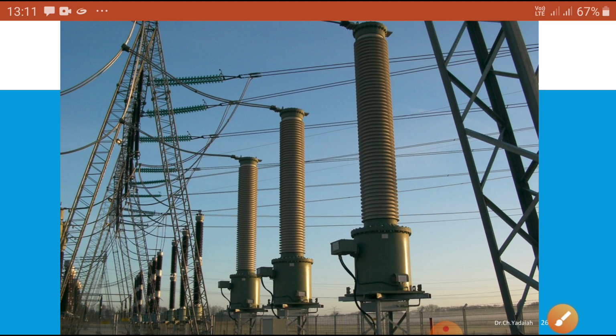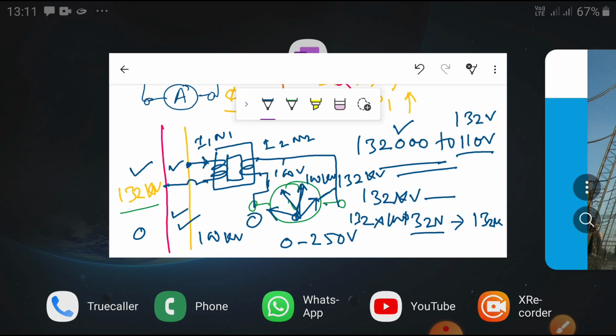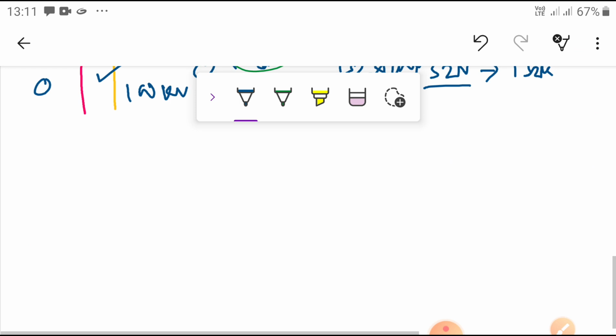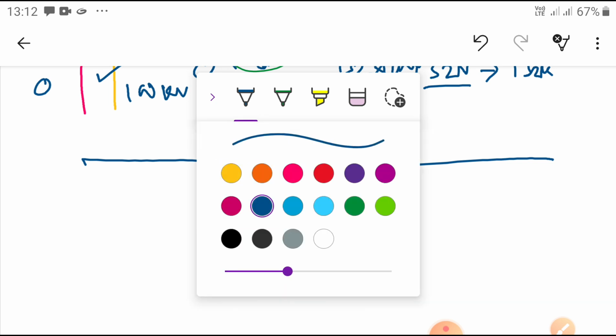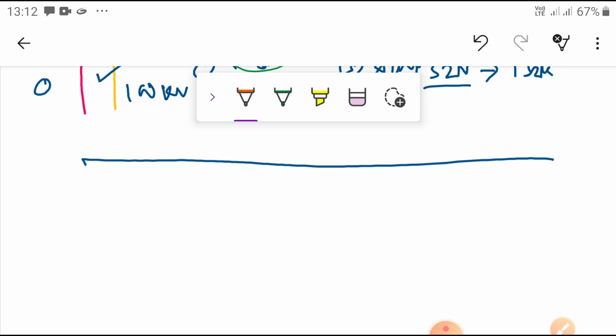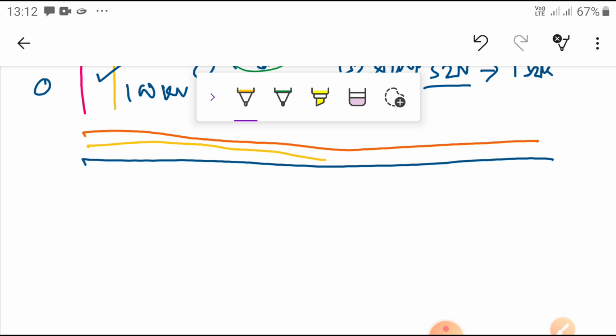So what you have seen here, for example, this is a line. This is the R phase and this is the Y phase. Okay.